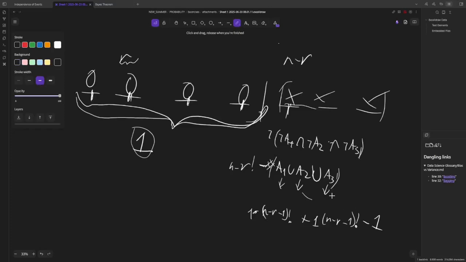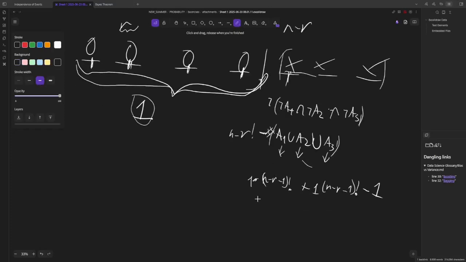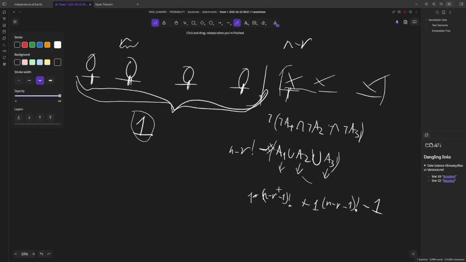So let's see how this could be done. I'm not quite sure this is completely correct. I think it makes sense. Like, you've got, this could be any combination, as long as there's one correct.